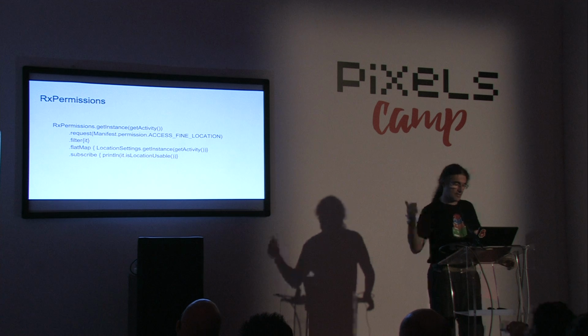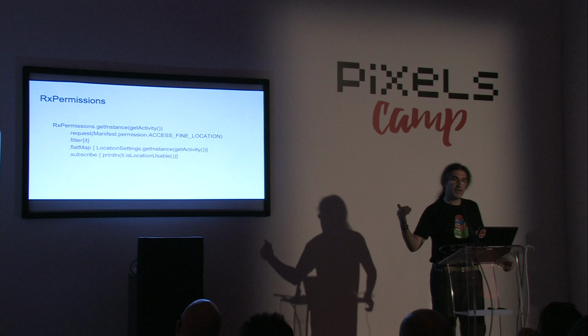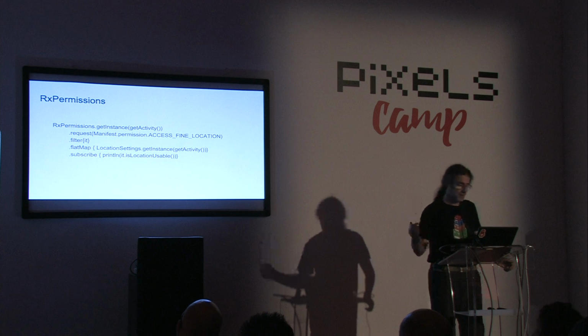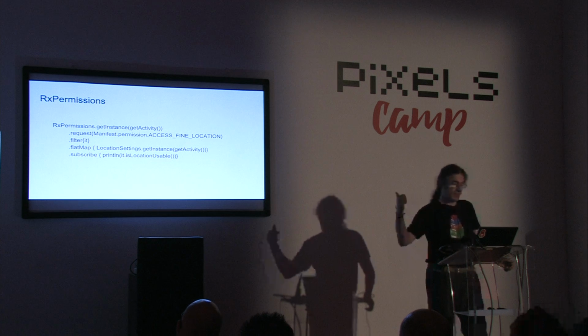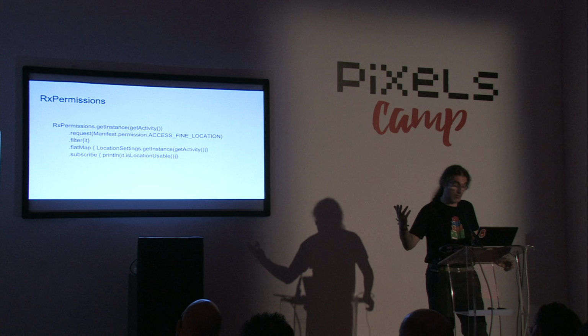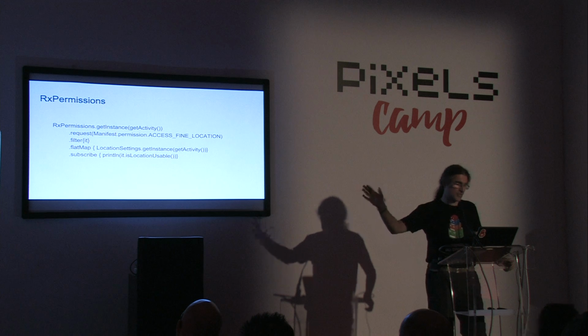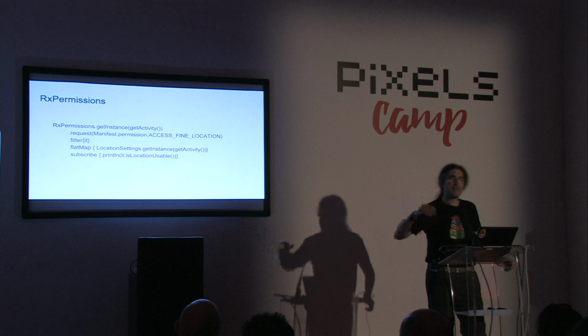So in this example, I request the permission, then I filter it, which means I only want to run the following code if the permission was granted. So the part that you see in the flat map doesn't get run if the permission isn't granted. And for simplification, you can look at flat map as a way of saying, and then run this.